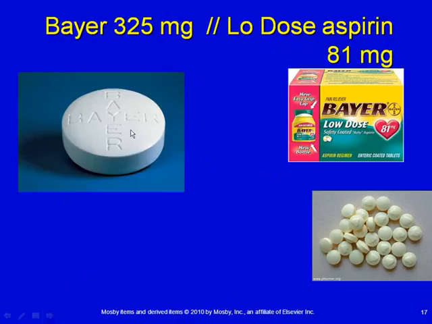Here we have the 325 Bayer aspirin. Here you have the 81 milligram Bayer aspirin, and you can see it would take 325 divided by 81. Let's just do that. It would take 4 of these to equal the weight in 1 of these, or the same amount of milligrams.